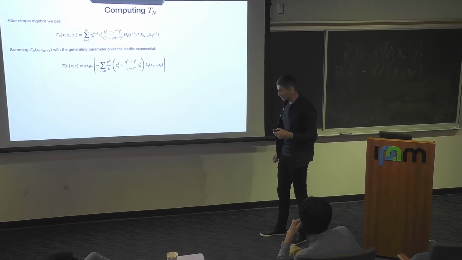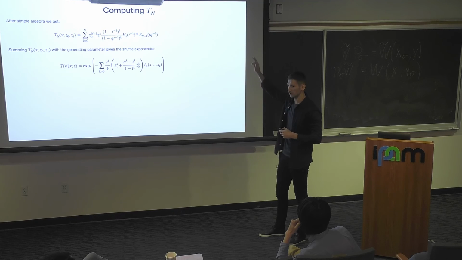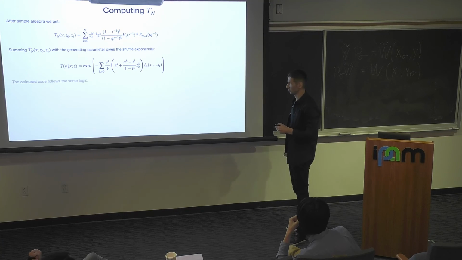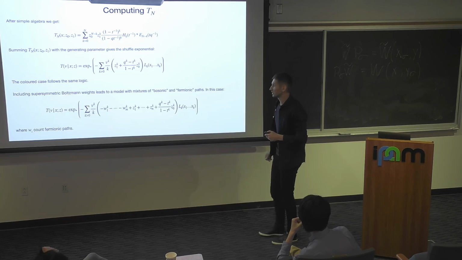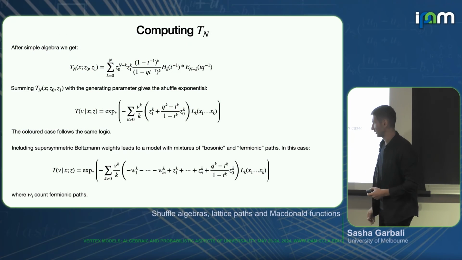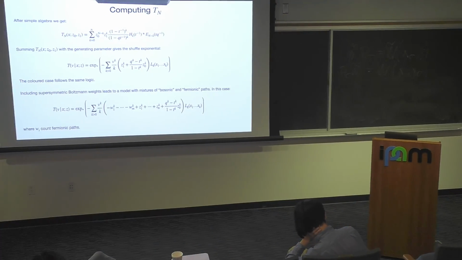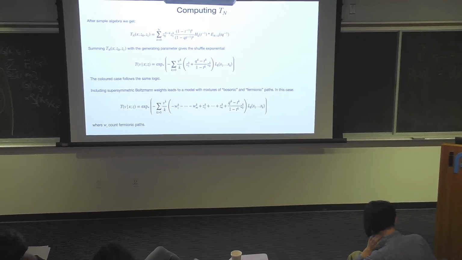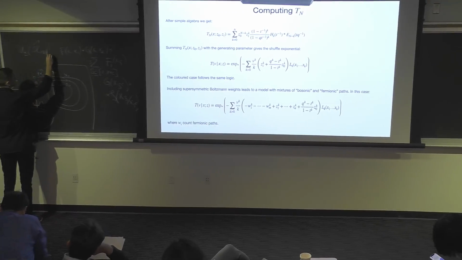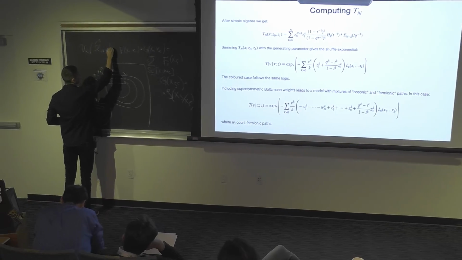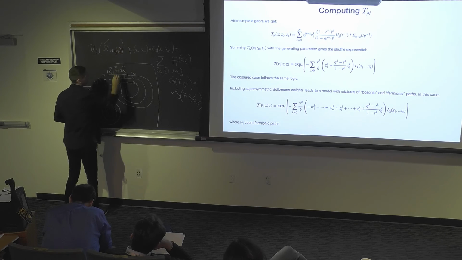This can be generalized, and the calculation is very similar to what I showed you before, to a generic case with arbitrarily many particles. And moreover, we can use U_q sl(n+1|m), so a superalgebra. So we have n bosonic particles and m fermionic particles.